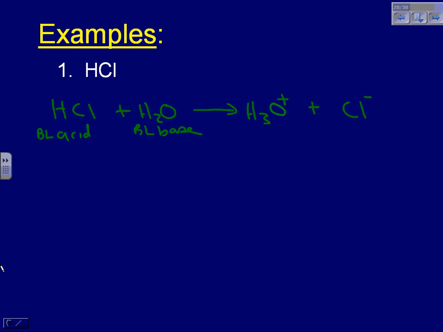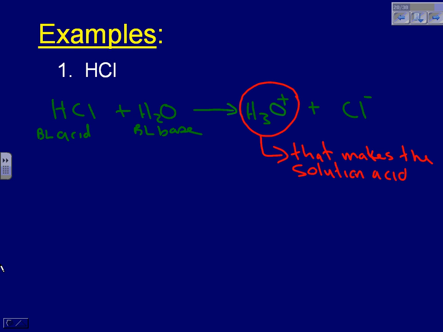It turns out that it's not the H+ that makes litmus red. It turns out that it's the H3O+ that makes litmus red. So what you need to do is look at the products and see if there's an H3O+. It's the H3O+ that makes the solution acidic.